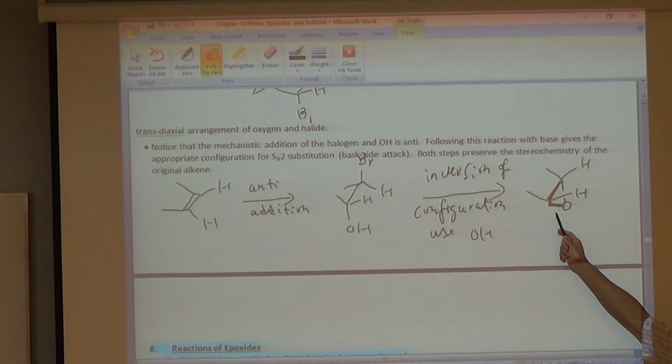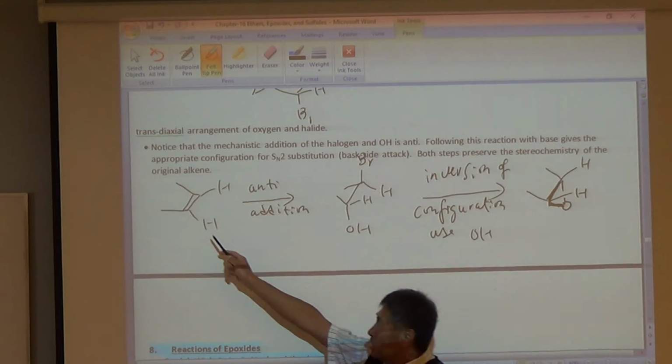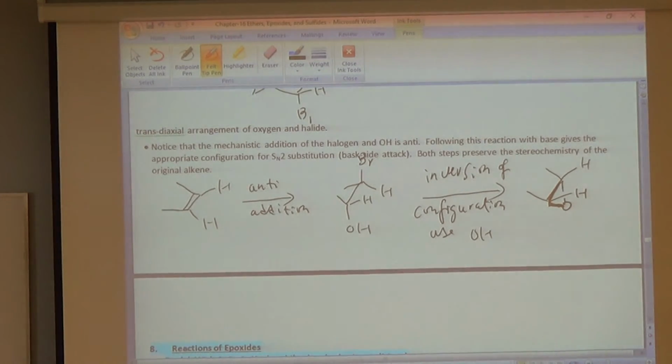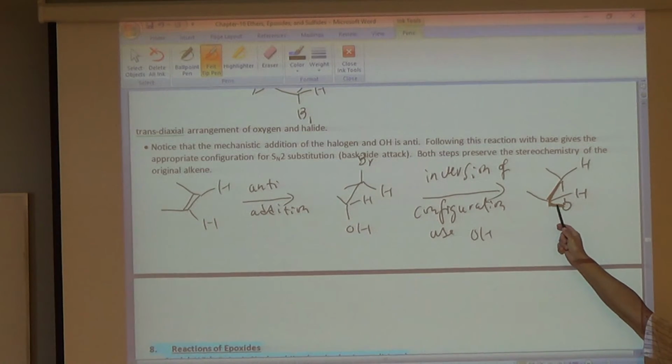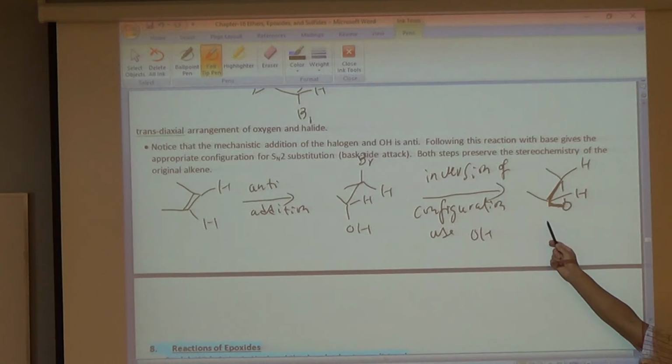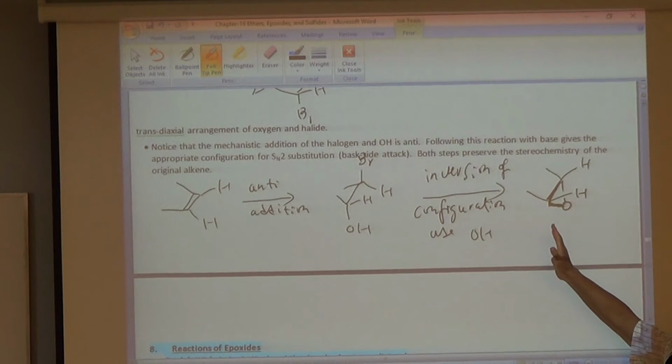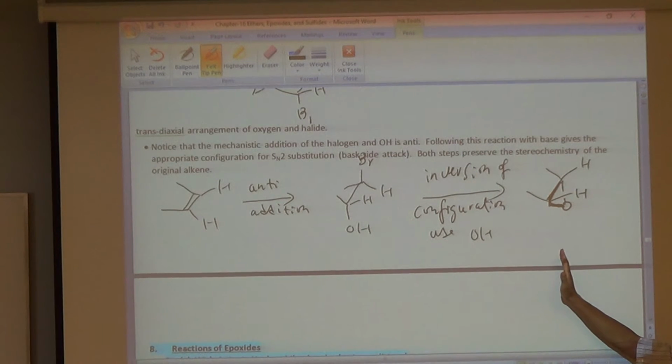You just have to show if you start with your cis double bond, like cis-2-butene, the epoxide you produce also has these two methyls on the same side. Now this picture shows you here. This epoxide ring is like cutting into the paper, and you have the two methyls on the left side, and the two H on the right side. So you keep that cis configuration for your two methyls.